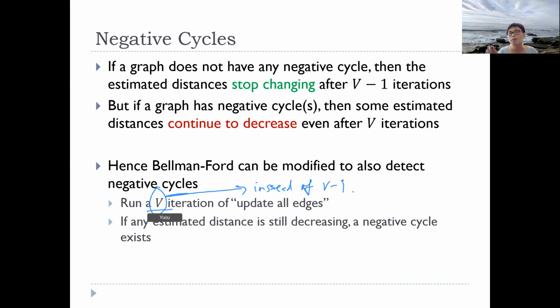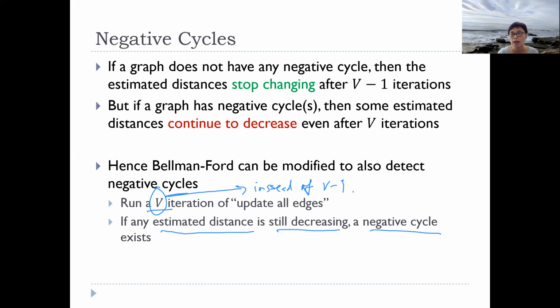Now if the graph doesn't have a negative cycle, in the last round, the vth round where you update all edges, no estimated distance can change. But if an estimated distance is still decreasing in the vth round, then there must exist a negative cycle. I'm not going to prove this formally, but intuitively, that's because you can always just circle around the negative cycle and the length gets shorter and shorter.